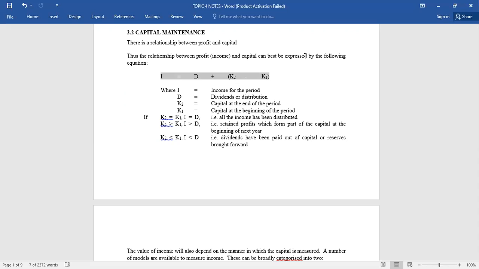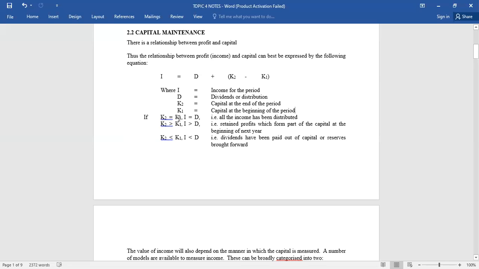We know that traditionally we'll be doing the statement of changes in equity, assuming there is growth every financial period. So if that is the case, we are assuming a scenario where our capital at the end of the period is greater than the capital at the start.